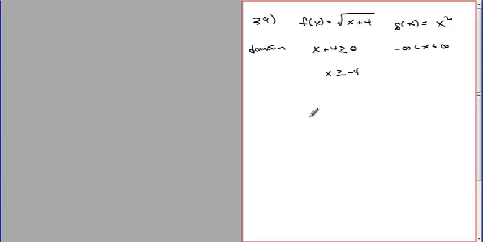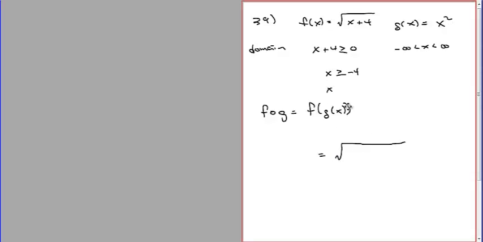So the composite function f of g of x, now they use this terminology. The usual is f of g of x. So what you do is you take the f function, and instead of having x, you plug in the g of x function.